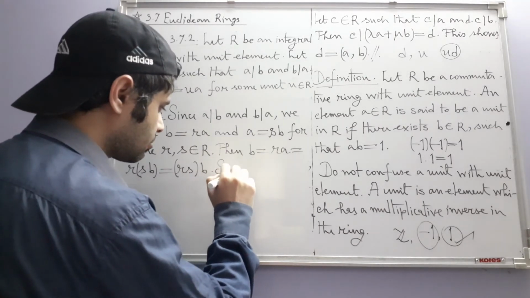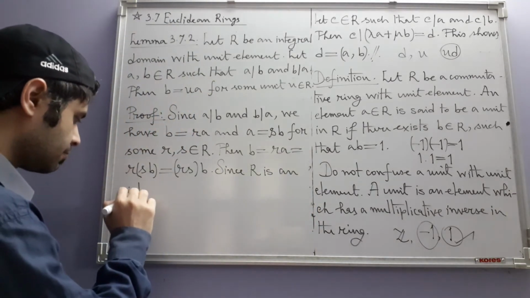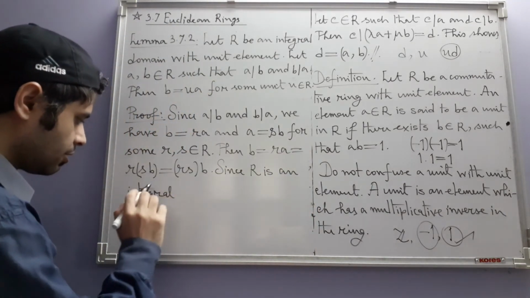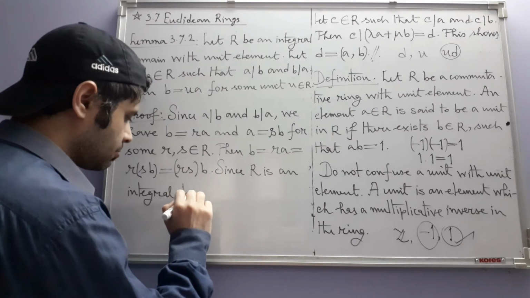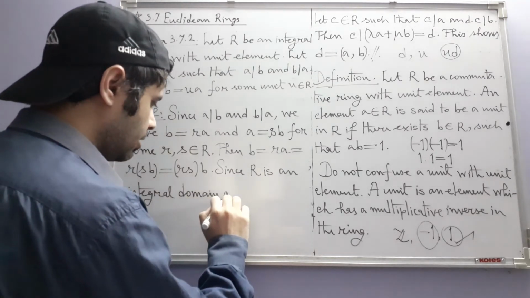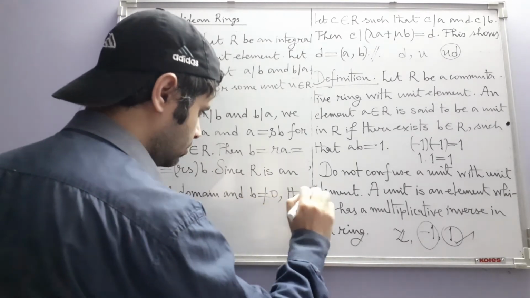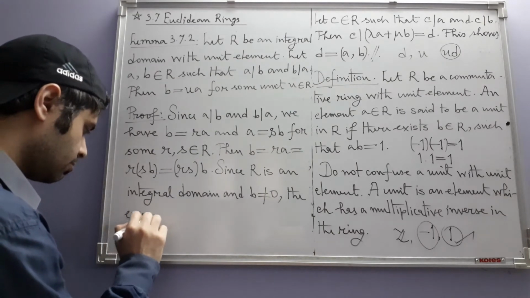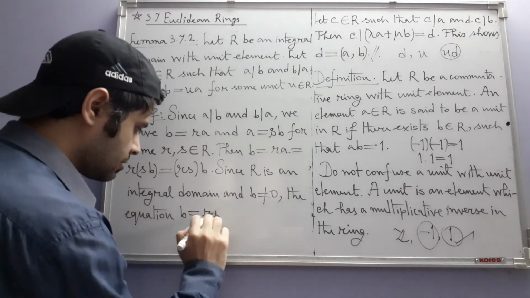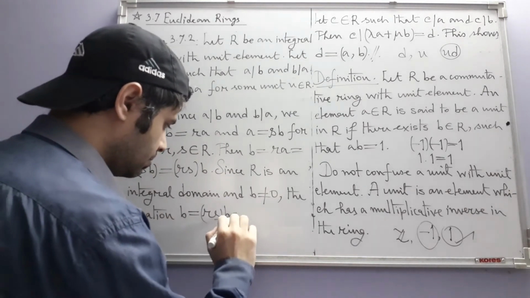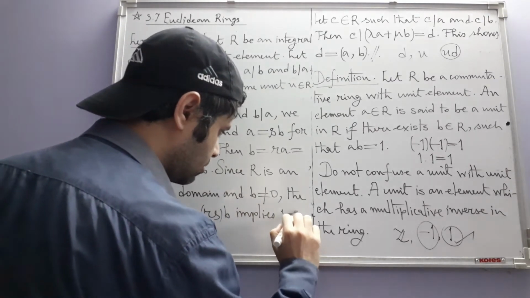Since R is an integral domain, if you recall, in an integral domain we have the cancellation law. Integral domain and B is non-zero, the equation B equal to RS B implies 1 is equal to RS.